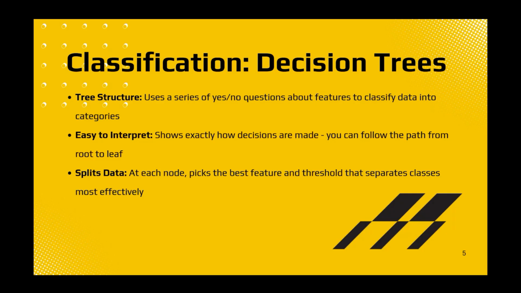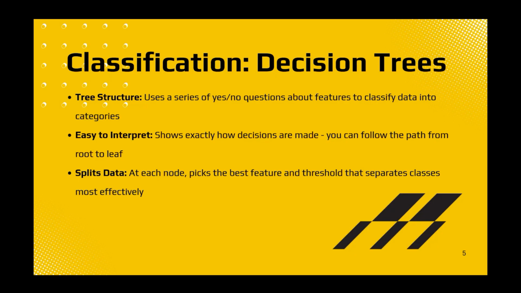So these decision trees use yes/no questions on features to go through the tree and find the correct label. So it's pretty easy to interpret. We can see how exactly the decisions are made, and as I mentioned, we can follow the path from inputting the input to the predicted output.